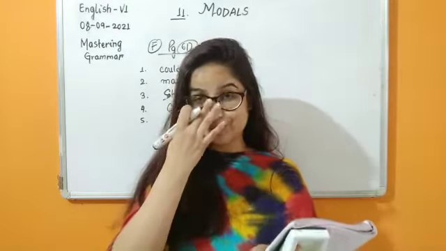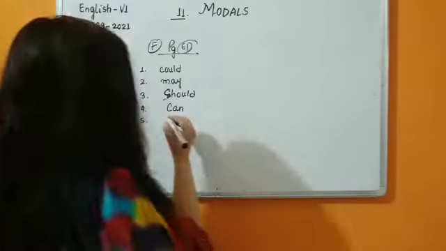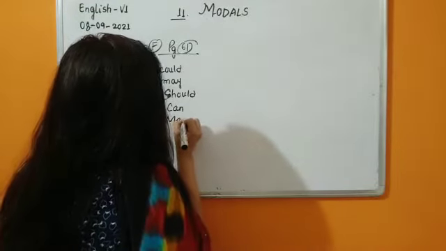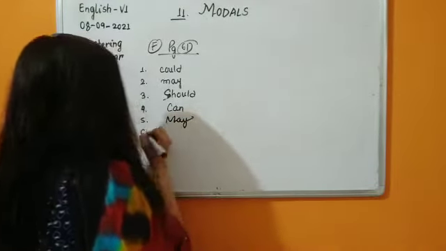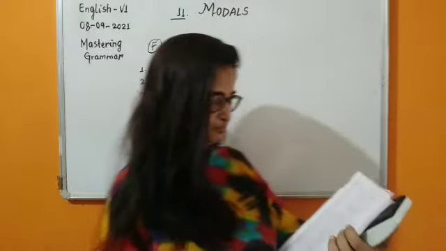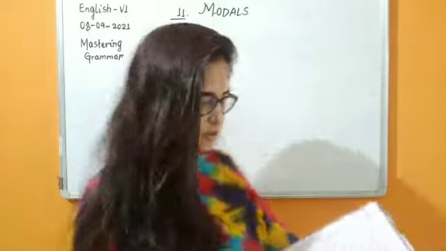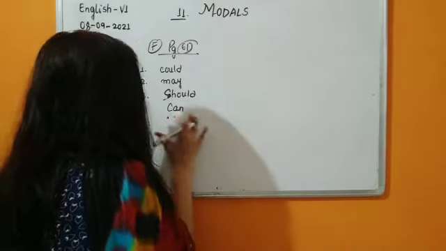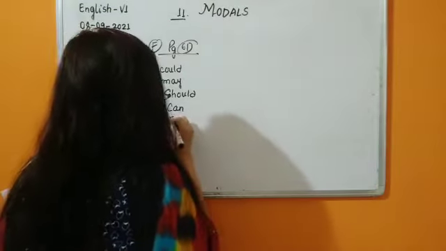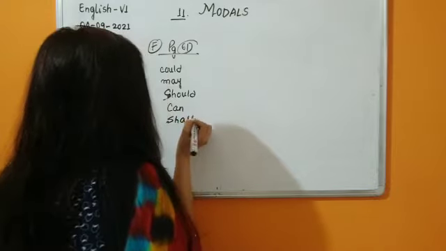Dash I help you? May I help you? It's a polite way of asking or offering something. So may I help you? Okay, so when may is not there, children, we can use shall here. Shall I help you? Because shall is there.